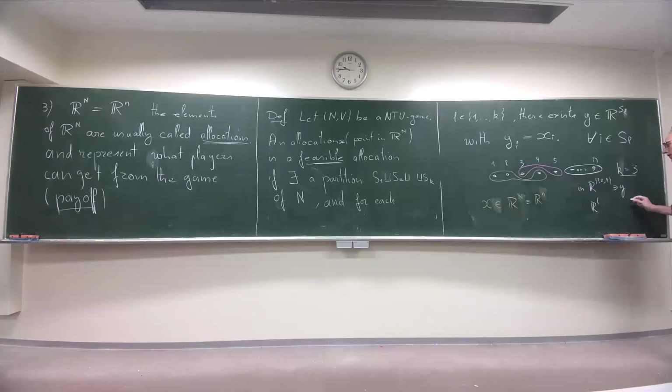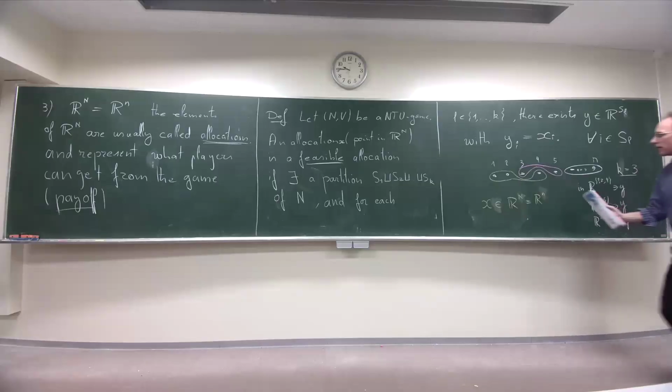So in R 3, 5, we have another vector which I'm going to call y, in my definition. These are different points, and in R 6 up to N, we have a different y.